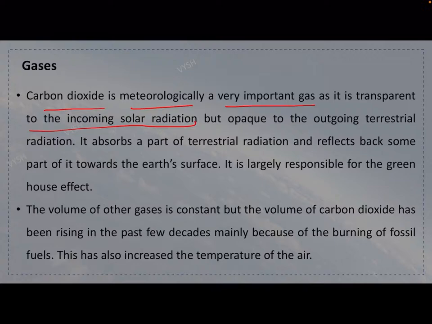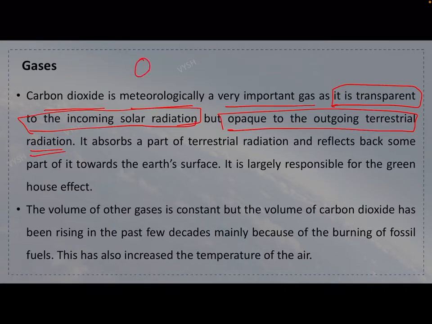These were all completed in the previous classes, and you can attend them. Carbon dioxide is a very important gas as it is transparent to the incoming solar radiation, but opaque to the outgoing terrestrial radiation.